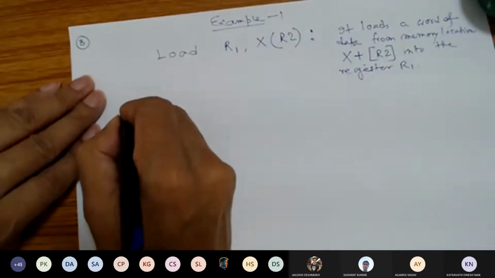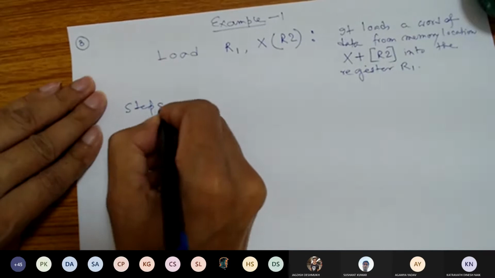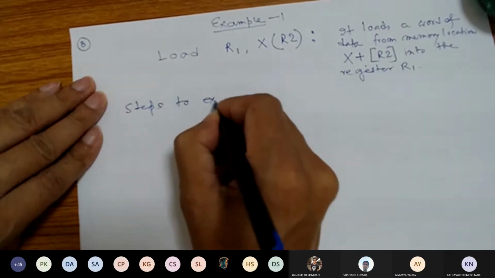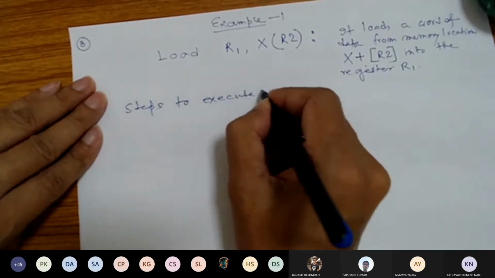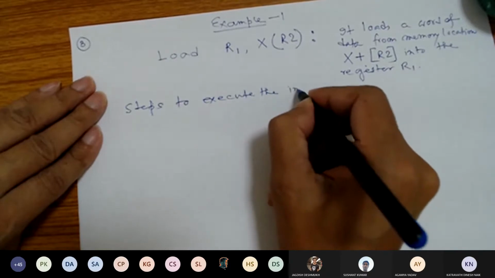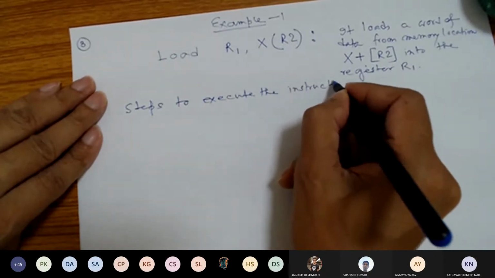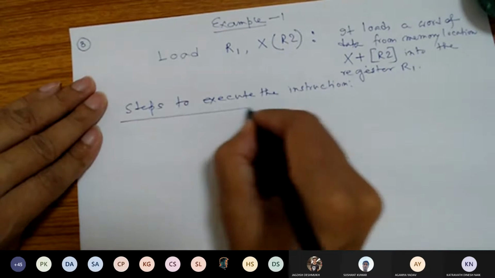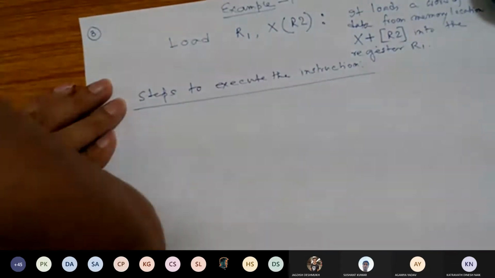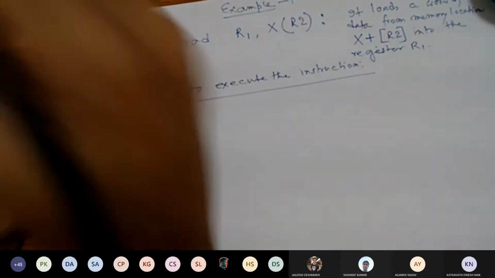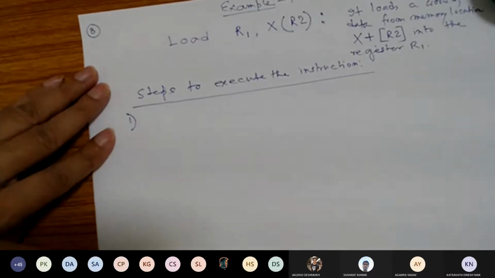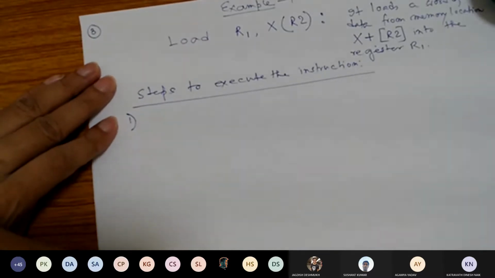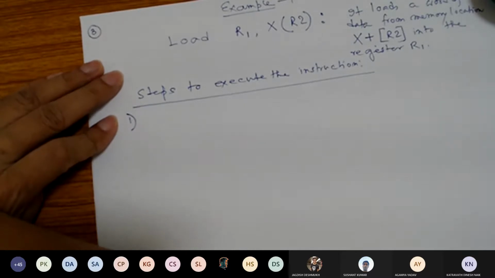So the steps to execute the instruction. Let us write down the steps to execute this instruction. Tell me one by one, what shall I do first? What do I need to do at the beginning?